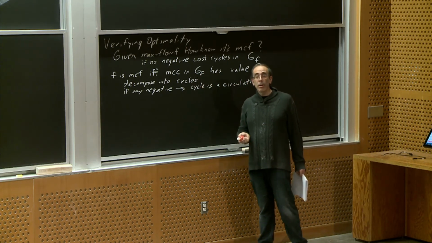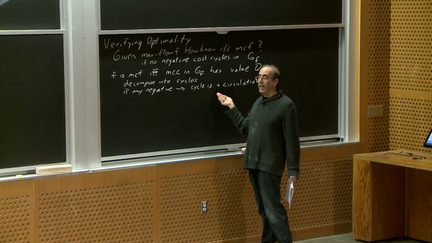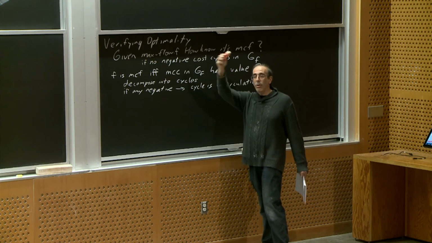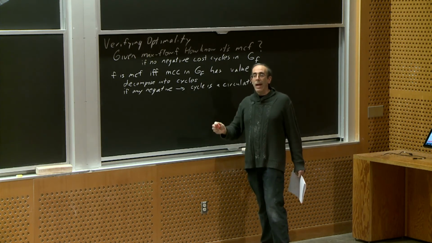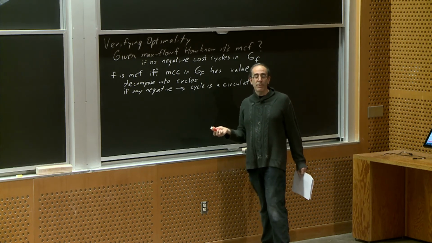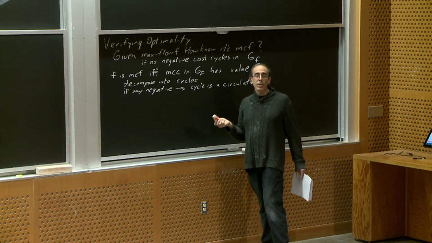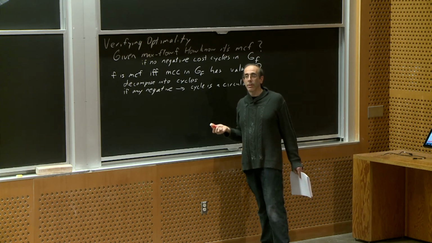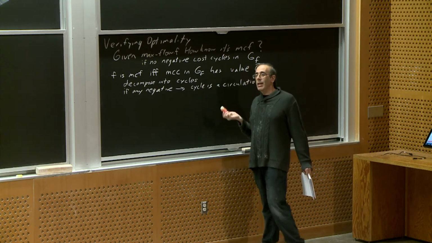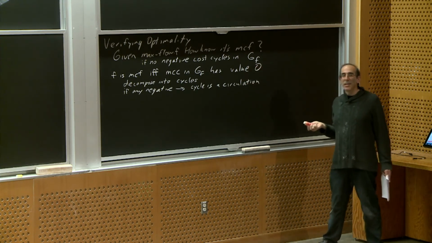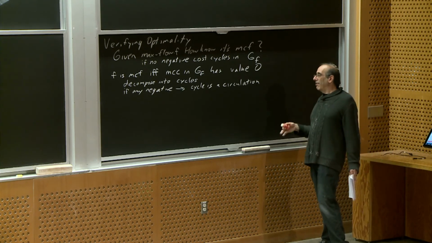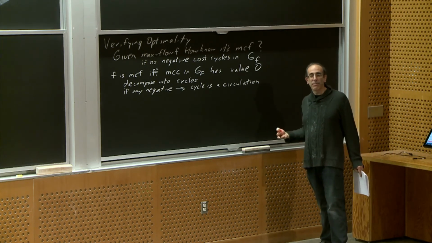Right? Another way to look at that is to say, well, if I had a negative cycle, if I sent flow around that cycle, I would still have a max flow, right? But it would be cheaper. Okay? So if there is a negative cost cycle, then the flow is not a min cost flow.